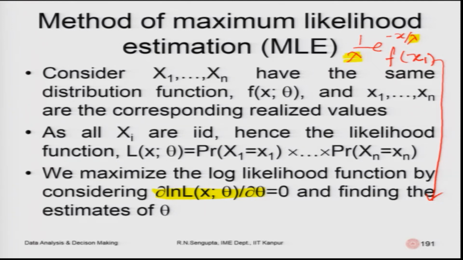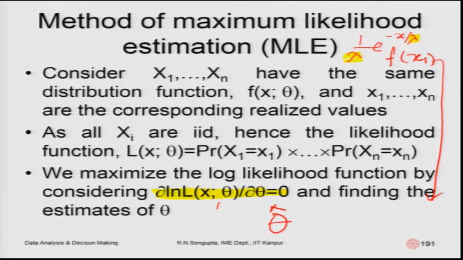We convert the likelihood function into the log likelihood, differentiate with respect to theta, and put it to 0 to find the estimates of theta. Once we put it to 0, you will have different values of theta. Those would be the estimates of theta, and we technically write that as theta hat.